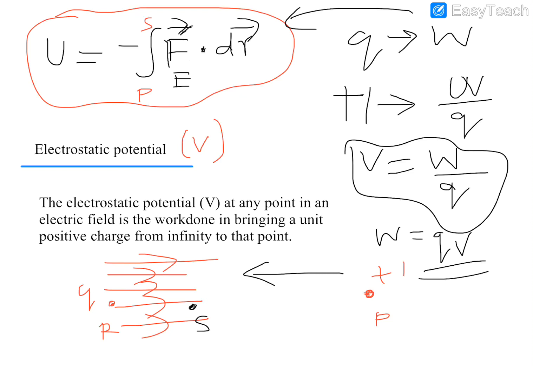If the charge is not a unit positive charge, then the work done is electrostatic potential energy. But if the charge is a unit positive charge, then the work done in that case is electrostatic potential. This is the difference between both the terms. And based on this, we will move on further.